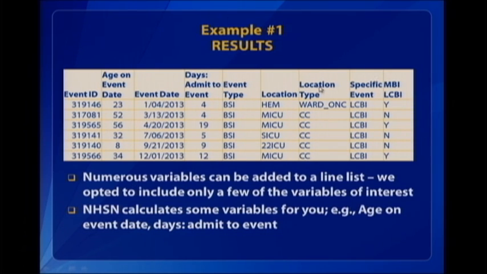We also have a variable called location type, and this basically groups your locations into some major types like critical care. So if you're interested in looking at a report of all of your ICUs, let's say you're a fairly large hospital with a lot of ICU locations, you don't want to have to go into our modification screen and be like, okay, I'm going to have to select like 5, 6, 7 different locations to include.